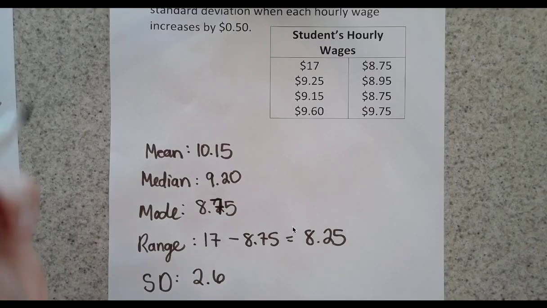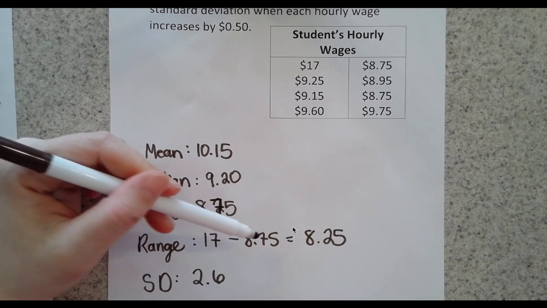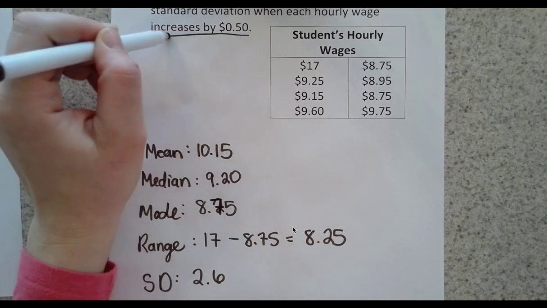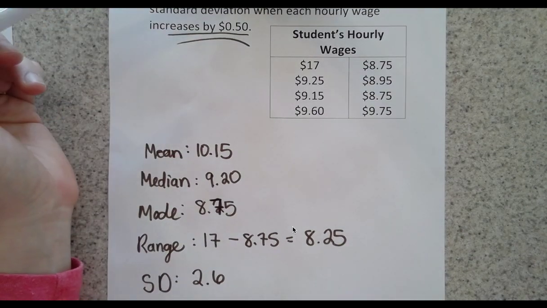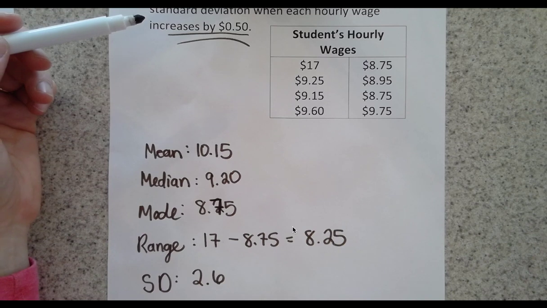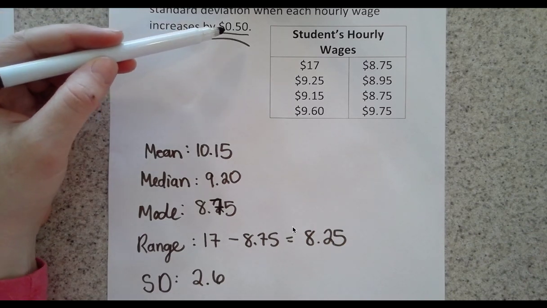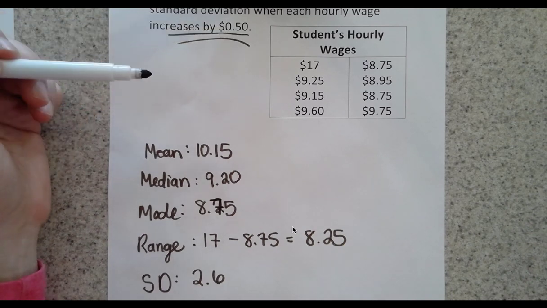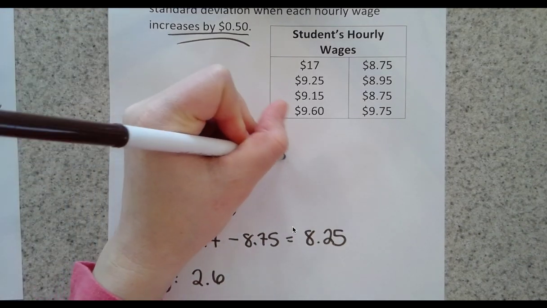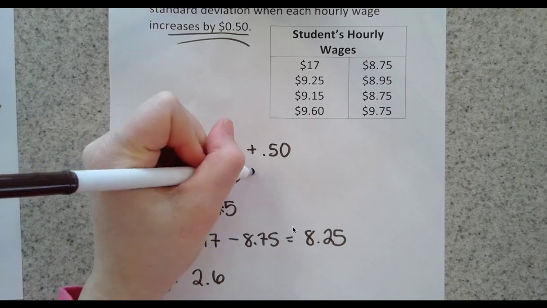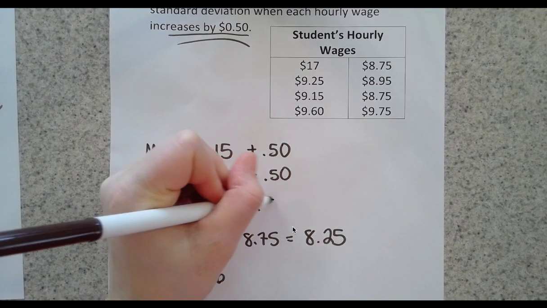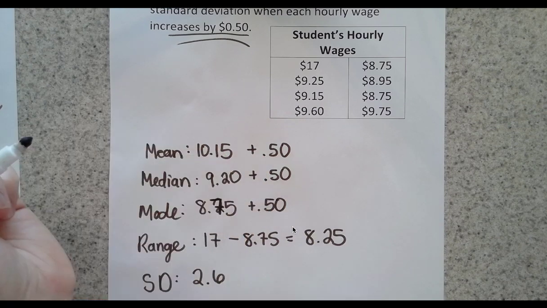So I've written down all of my answers that Desmos helped me find really quickly. At the beginning of the problem, notice though, they asked us to find each of these things when the hourly wage had increased by 50 cents. That means I need to add 50 cents to my average, 50 cents to my median, 50 cents to my mode.